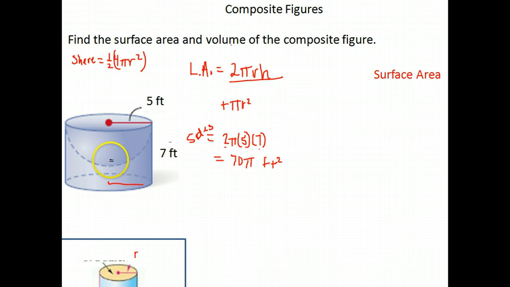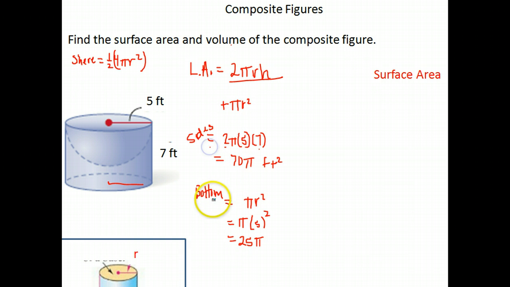That gives me my sides. Now let's find the bottom. It's just a circle, and the formula for the area of a circle is pi times radius squared. That would give me pi times 5 squared, and 5 times 5 is 25.